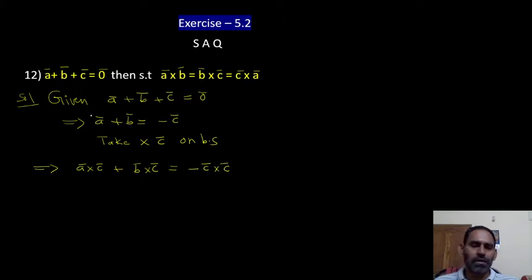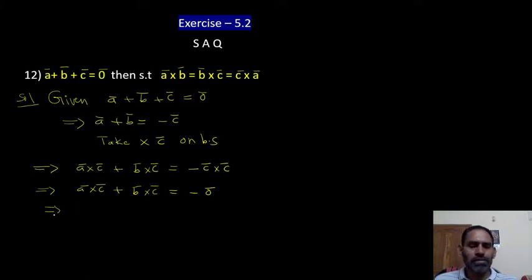C bar cross C bar you know is 0 bar, because the vectors coincide, so the angle is 0 and sin 0 is 0, from the definition of the cross product.